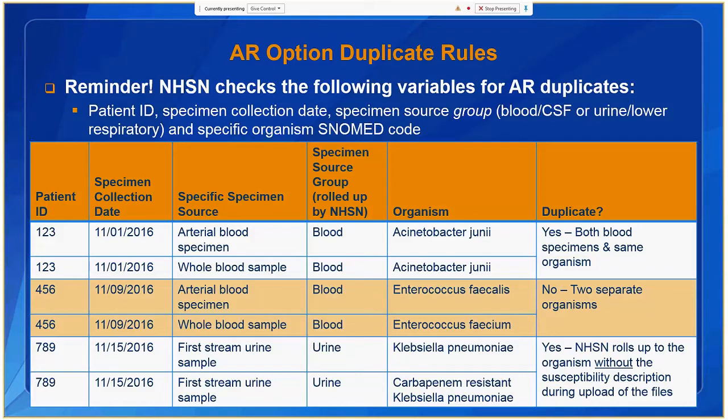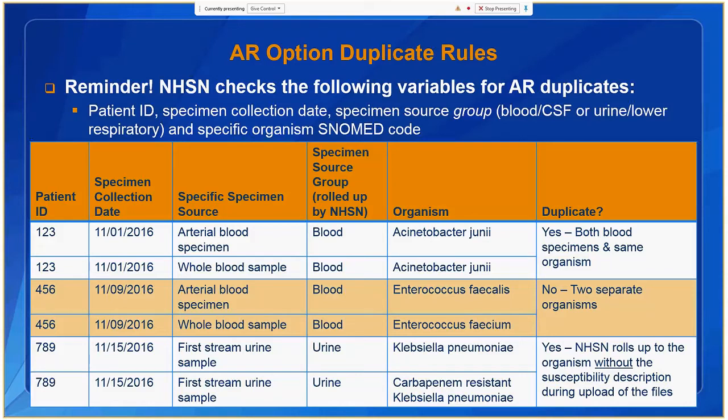And then lastly, patient ID 789, the bottom two rows on the table. Again, the patient had two specimens collected on the same day. Both were urine specimens and used the same specimen source code. There were technically two different organism SNOMED codes identified in the individual specimens. The first was just Klebsiella pneumoniae, and the second, the lab categorized using the SNOMED code specific for carbapenem-resistant Klebsiella pneumoniae.